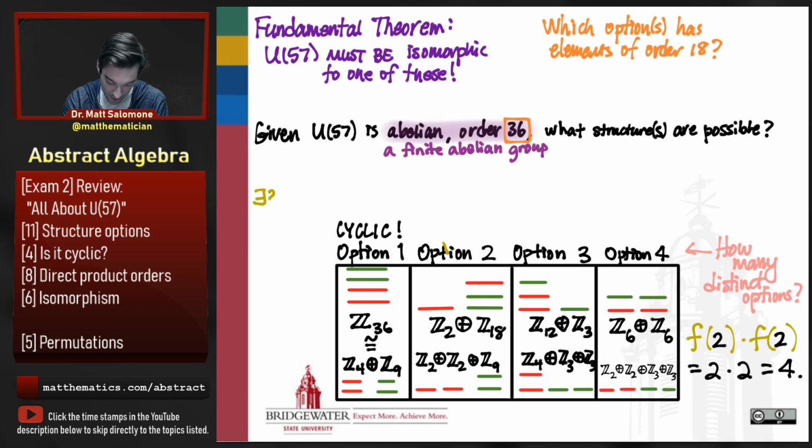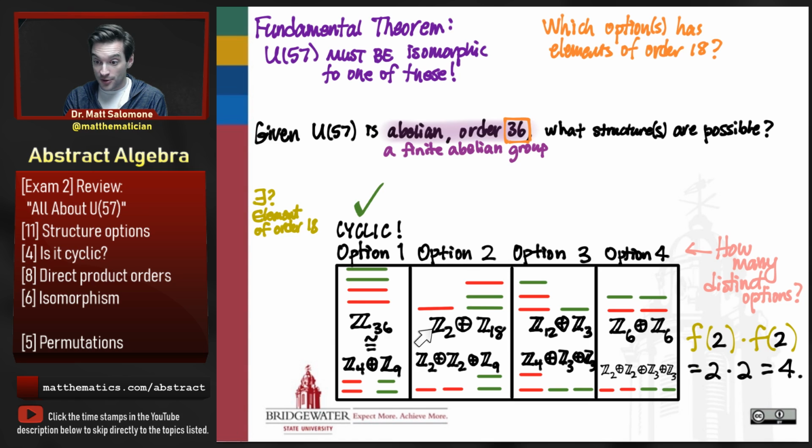Does there exist an element of order 18? And in the case of our cyclic group, the answer is yes. Because after all, 18 is a divisor of 36, and cyclic groups have elements of every divisor of the order of that group. So yes, there's absolutely an element of order 18 in that group because this group is cyclic and 18 divides 36. Let's move over to option 2.